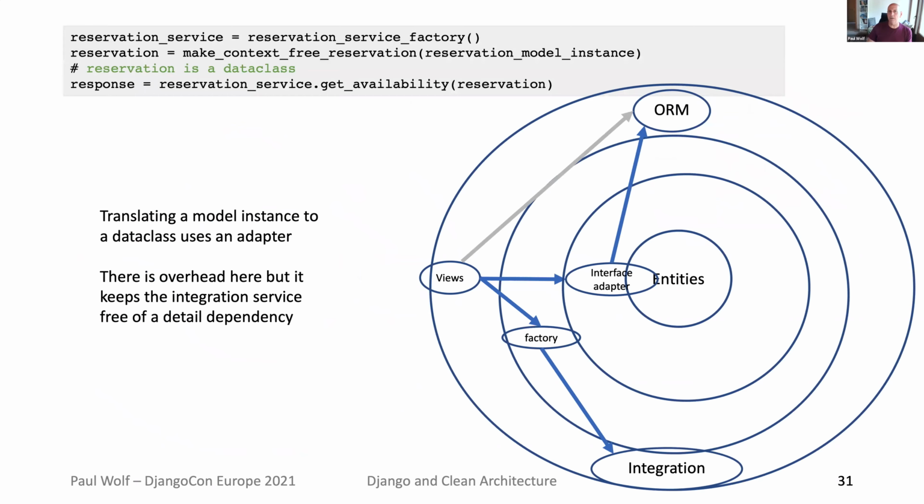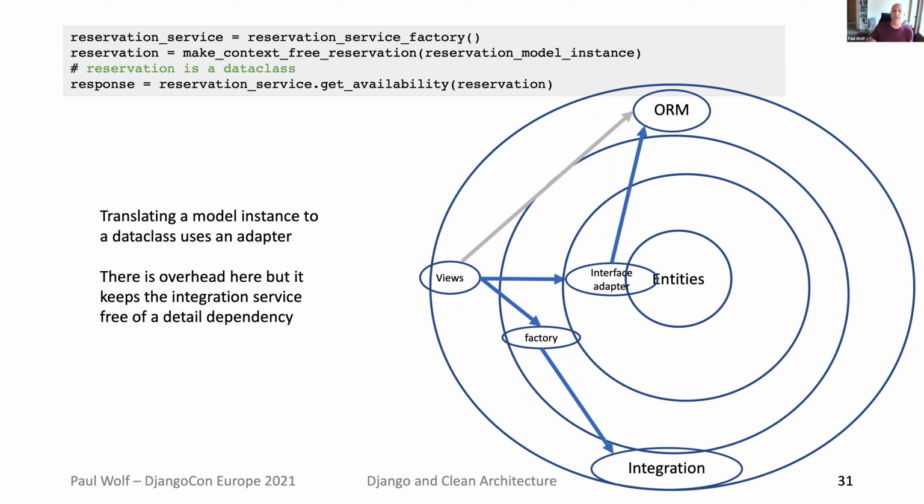So a better solution would be to, again, use a service factory, which is going to create our reservation service for us and inject the client for calling the external API. And then I can also use this make context-free reservation. And you'll remember I explained that for me, context-free means that it's an object that doesn't have an integration state.